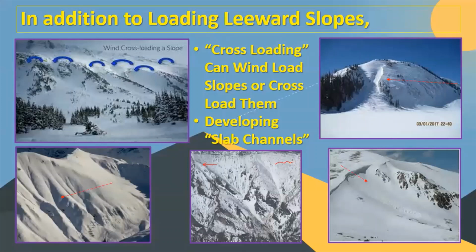So I wanted to also talk about not only wind loading the slopes from the predominant wind coming over the top of the mountain to the leeward side and the windward side, but there's also localized winds that occur that are side or cross-loading the slopes. So they create things called a slab channel. You know, the wind might be forming a cornice up here.